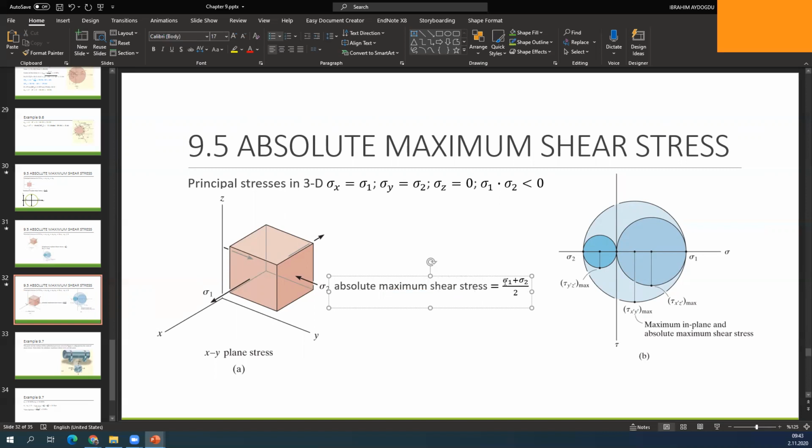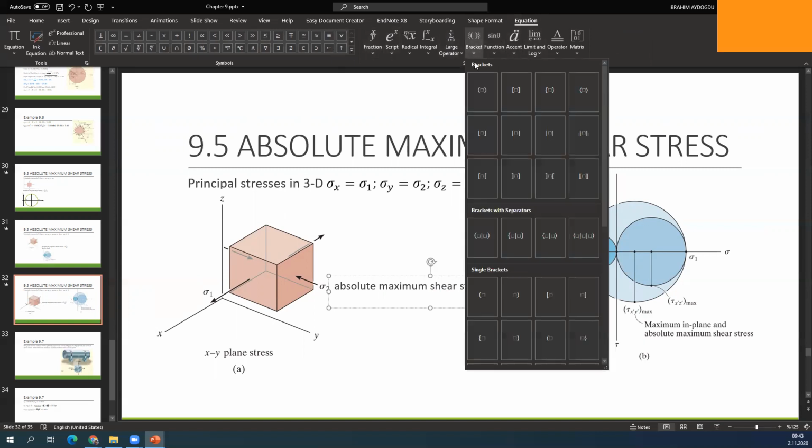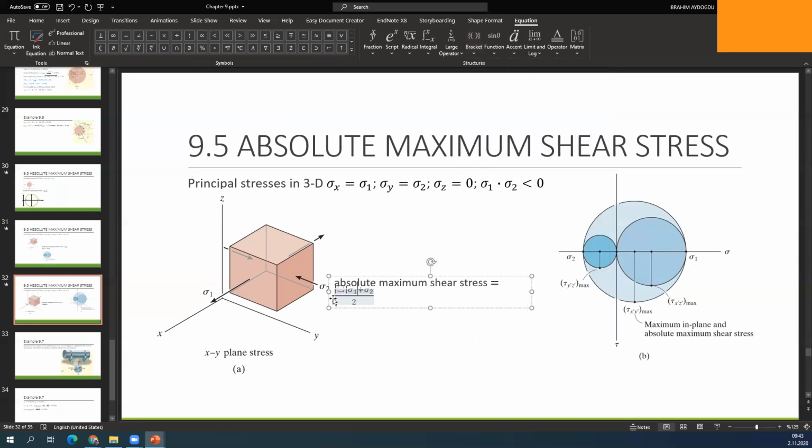Also, I can say this is the absolute value of this, so I need to put the brackets.